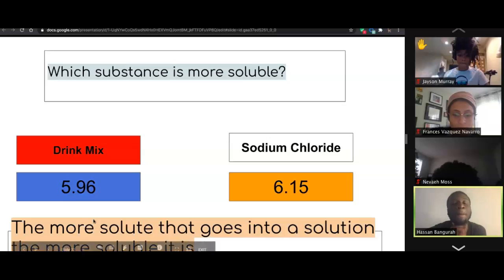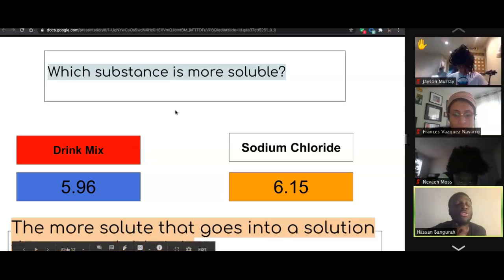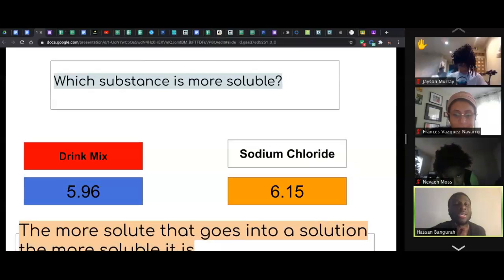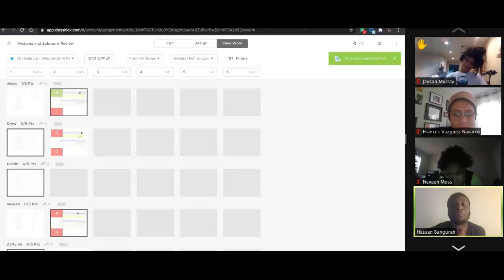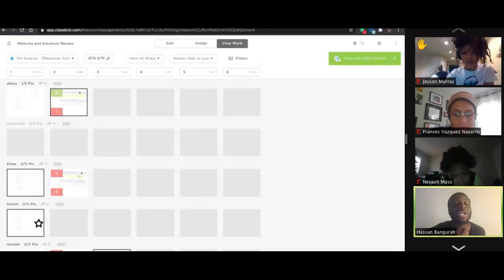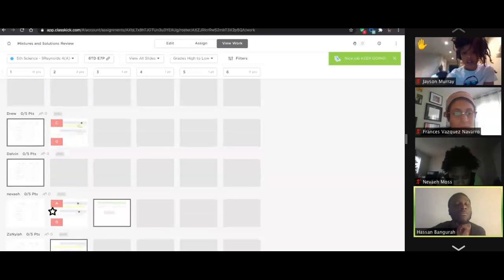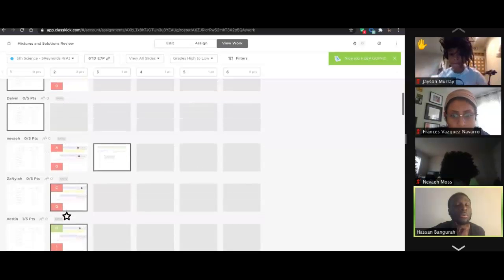All right, remember, the more solute that goes into a solution, the more soluble it is. Okay, so the more solute that goes into a solution, the more soluble it is. So Nevaeh, go back to slide number 1 to use that information to help you with slide number 2.